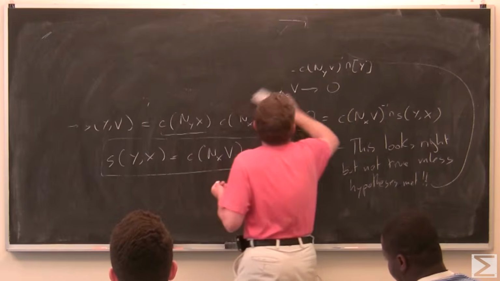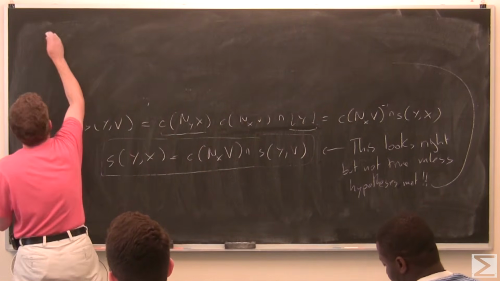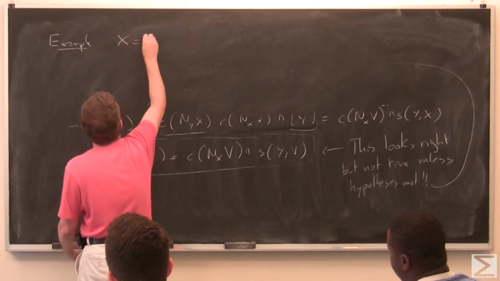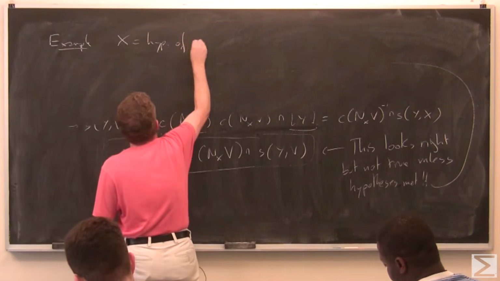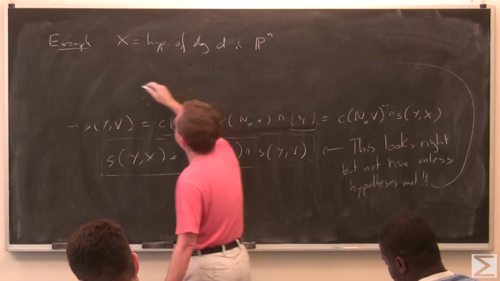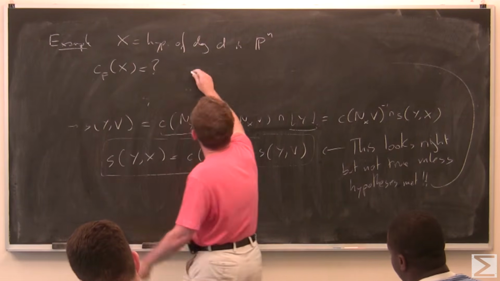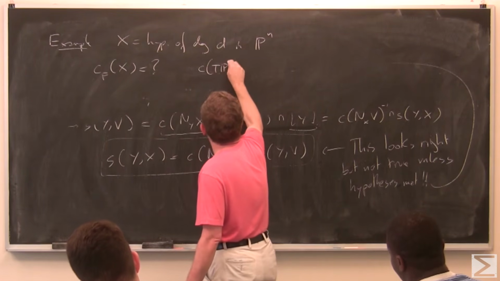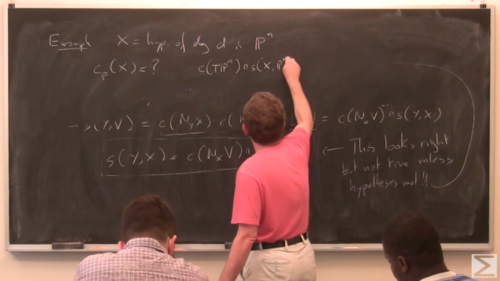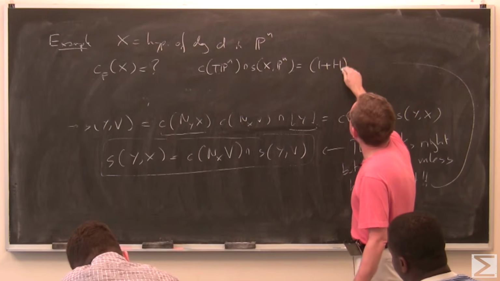Because it's a computation we can do. Let me put myself in... I like concrete examples. So say that X is a hypersurface of degree d in P^n. What is c_F(X)? Well, the definition is this is c(T P^n) cap s(X, P^n). c(T P^n), we know it's (1+h)^(n+1).